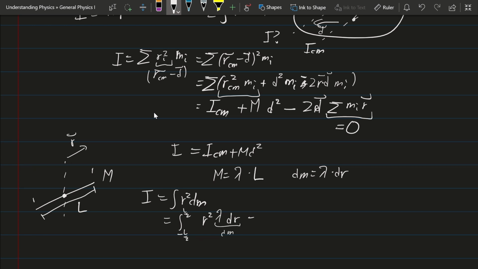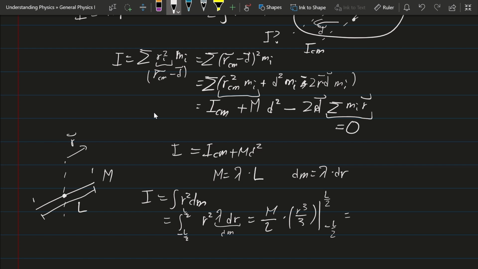And so doing this integral, we would obtain M over L multiplied by the integral of r cubed over 3, evaluated from negative L over 2 towards L over 2.